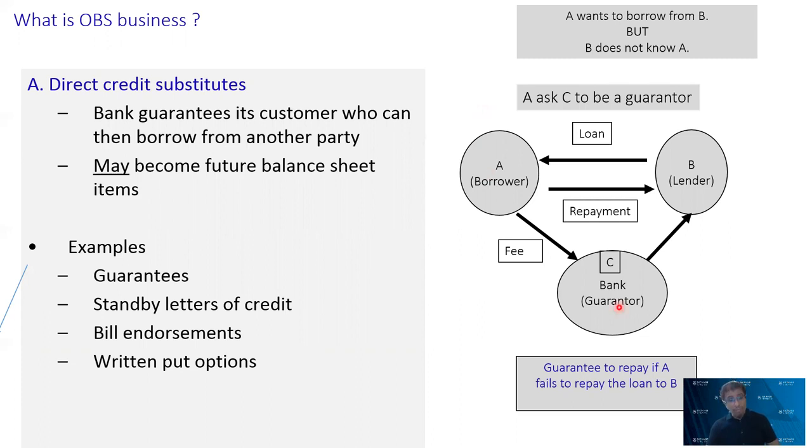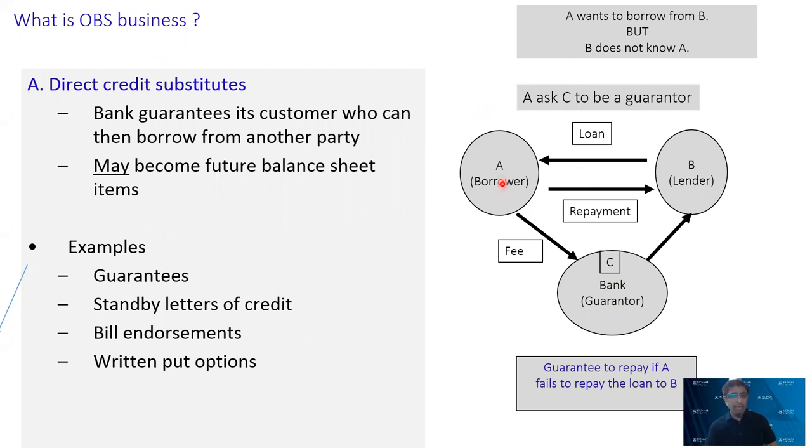Now, the problem is if the borrower defaults and doesn't pay at maturity, the bank becomes liable, and now this off-balance sheet business becomes a liability. This is only in the case of a default.